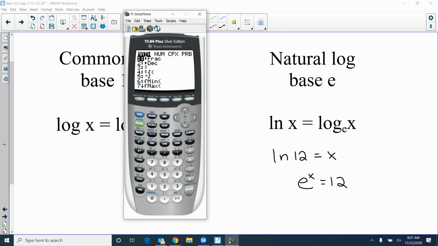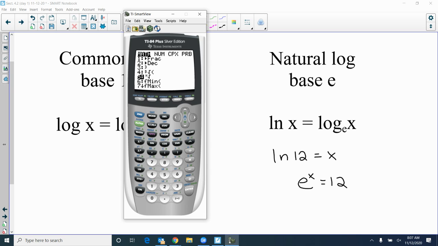Now, I think a lot of you could do different bases on here. Let me see where that's at. Under math, if you go all the way down past there, it should say log base.